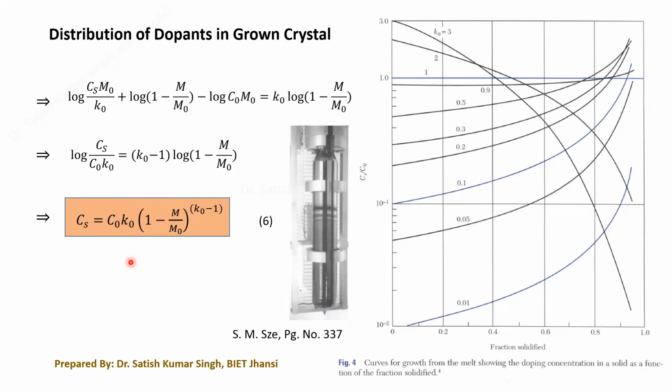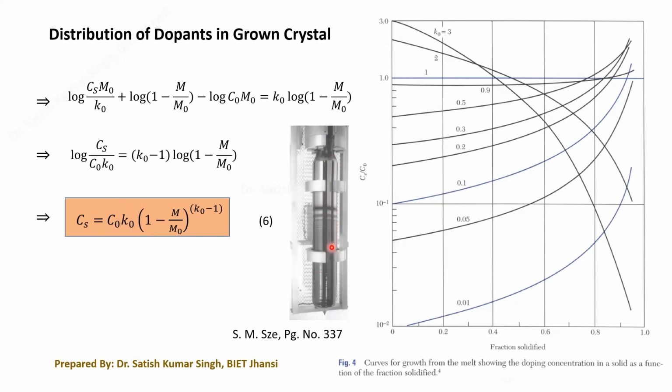Now, first of all, again, just look at this discussion. We left our discussion at this point. What we said is, whenever our segregation coefficient K naught is less than unity, there is no uniform doping of the grown crystal.